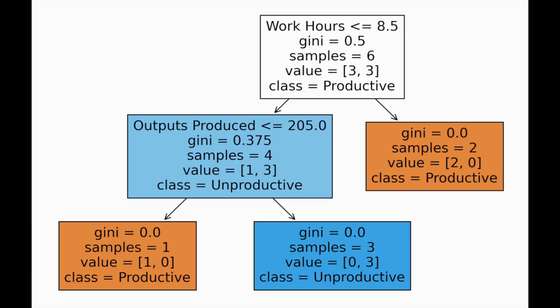For example, work hours is less than or equal to 8.5. There are 2 pairs of values that have work hours greater than 8.5, and 4 pairs of values that have work hours less than or equal to 8.5. If it's less than or equal to 8.5 hours, it will ask another question, which is outputs produced. Then, if the outputs produced is less than or equal to 205, then the employee is productive. Otherwise, the employee is not productive.